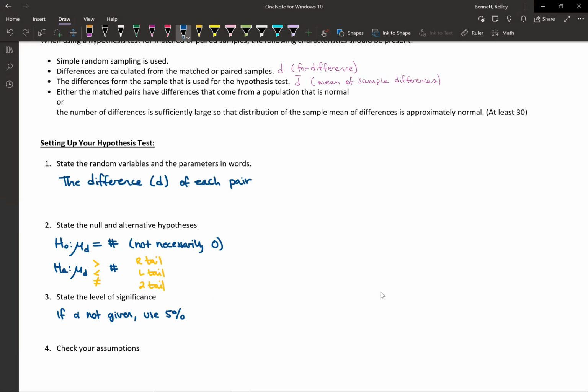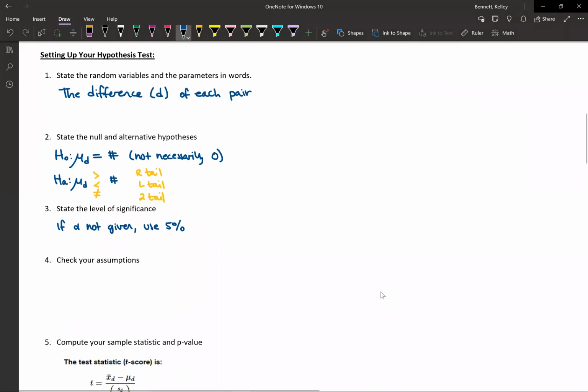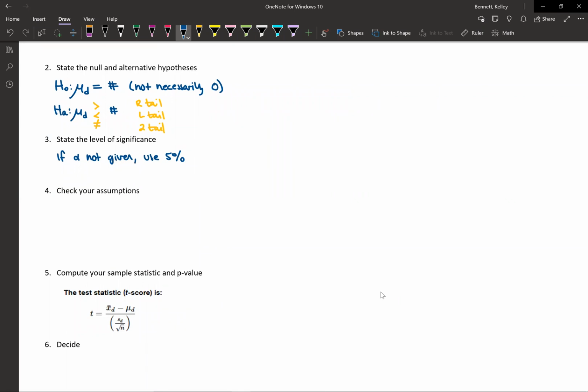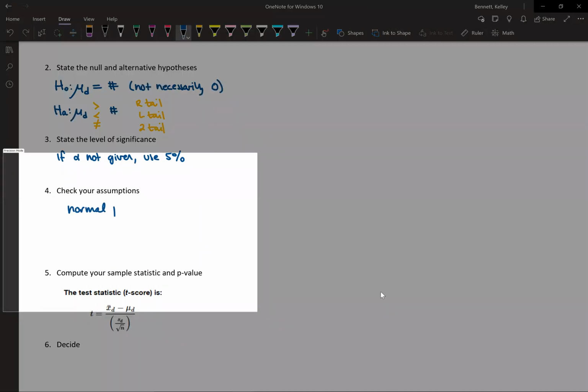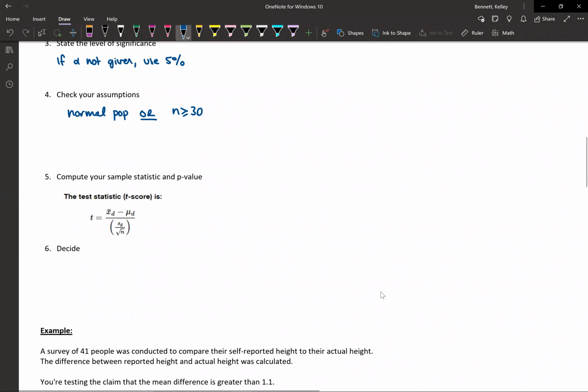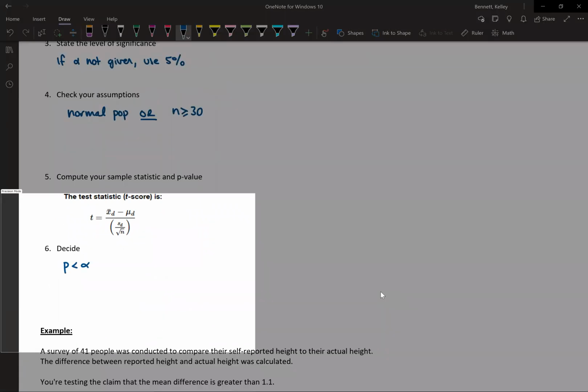We always want to check our assumptions. And then, right, we need to either have a normal population or our sample size needs to be at least 30. And then we're going to compute our test statistic and our p-value. So of course, if p is less than alpha, then we are going to reject H naught, and we have enough evidence to support the alternative.